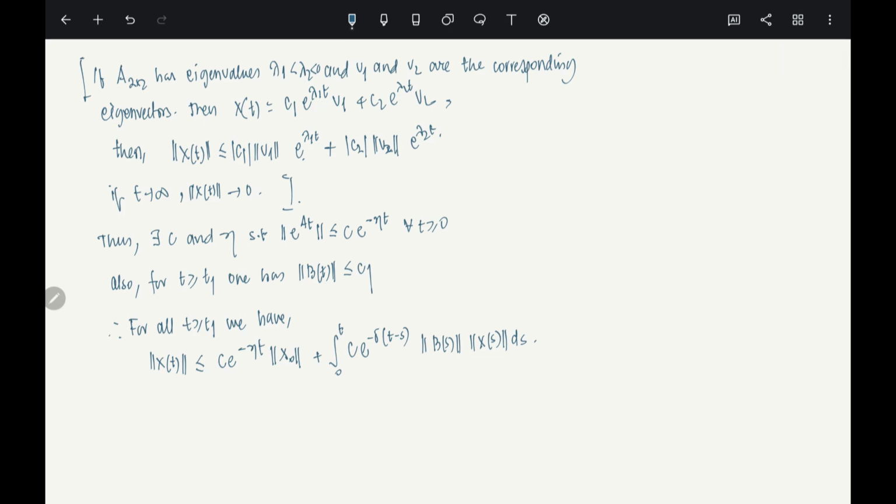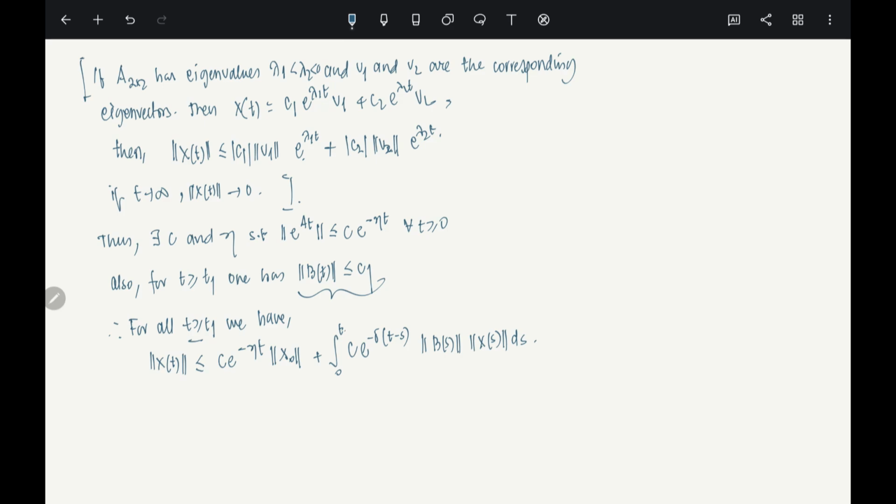Maybe I have to break it up, because I only have this estimate for t greater than t1. I have to have a different estimate for t less than or equal to t1.